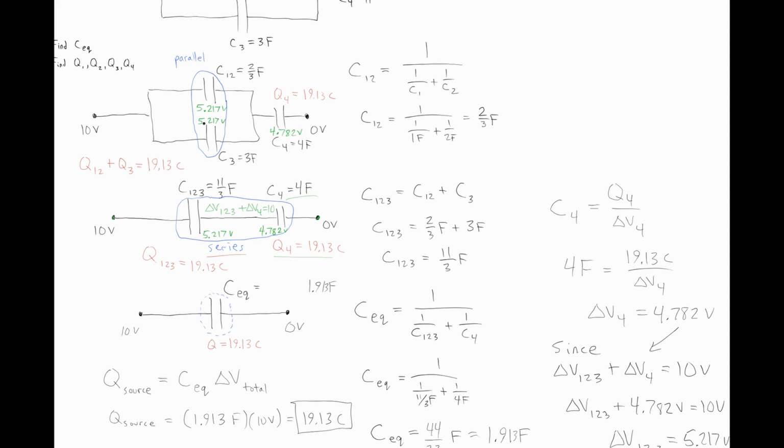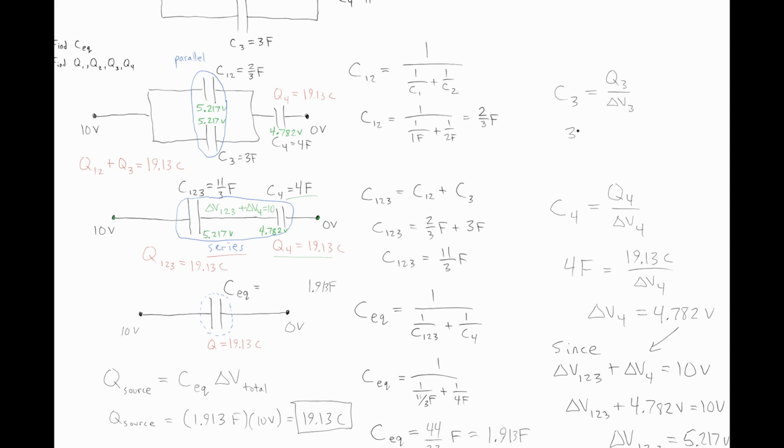Now what we can do is we can use their voltage drops and their capacitances to find out how much charge is on each of them. So we have C3 equals Q3 over delta V3.